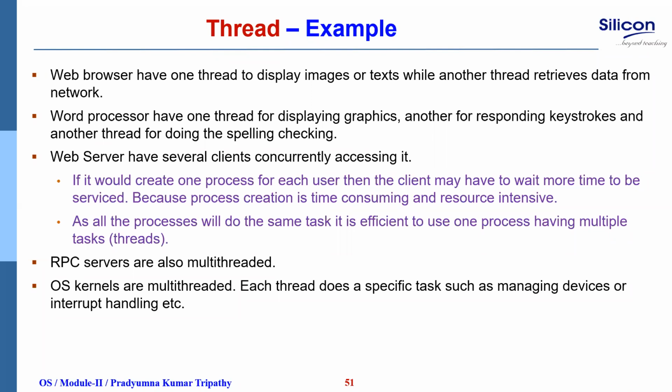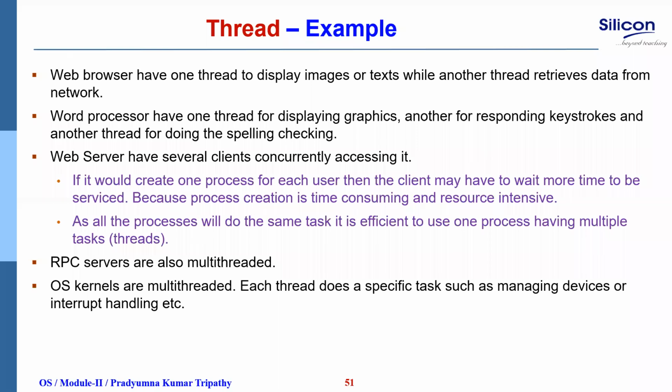Now, if it created one process for each user, then the client may have to wait more time to be served, because process creation is time consuming and resource intensive. So for every user, it cannot create a process, right? What it does is create threads instead of processes.